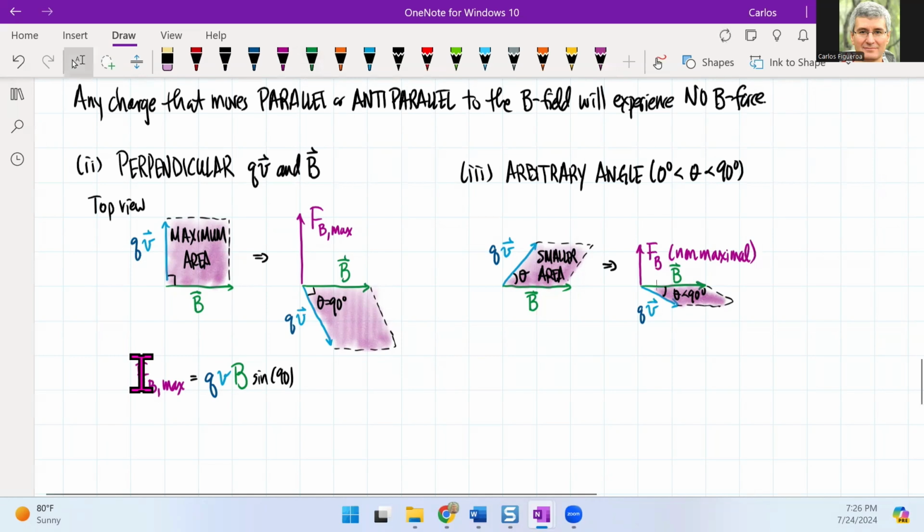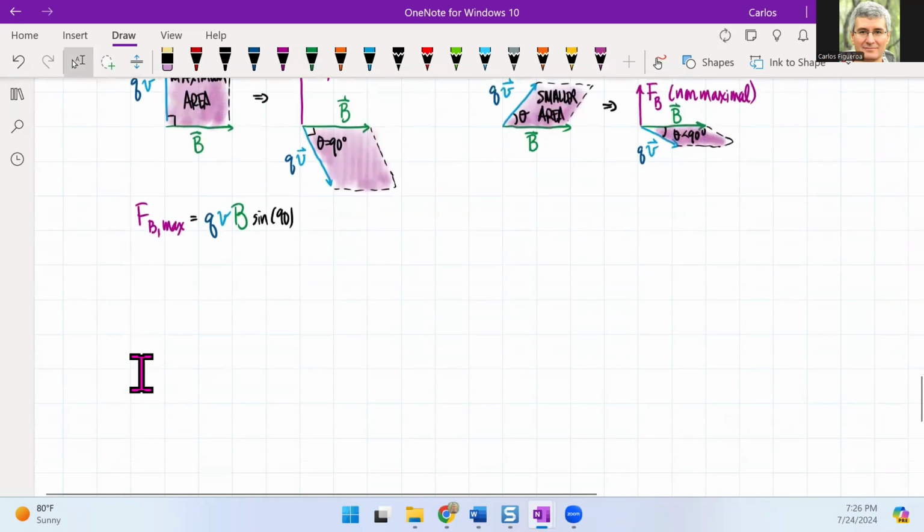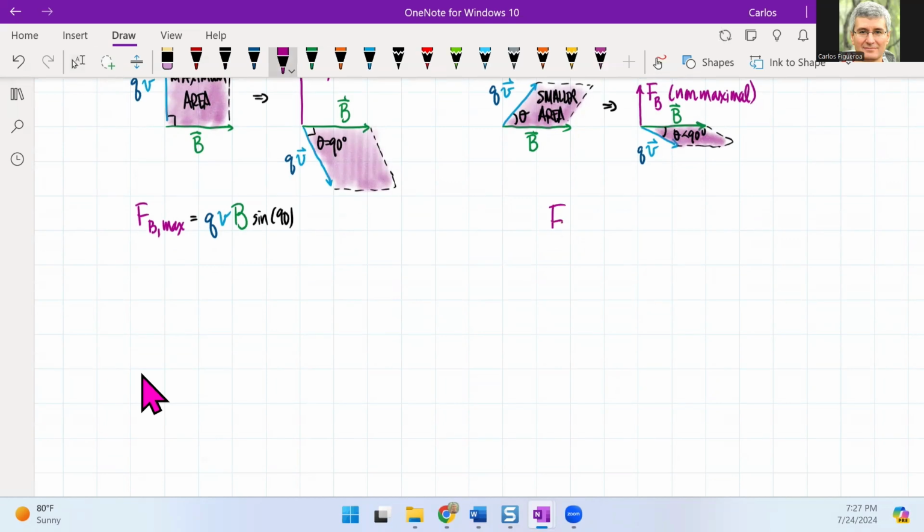So what I'm seeing here, you know what, I should probably write this here. So this F_B, when I write it out, will be Q, V, then I'm going to have B, and then I have a term here, which is sine of theta, and this quantity is smaller than 1.